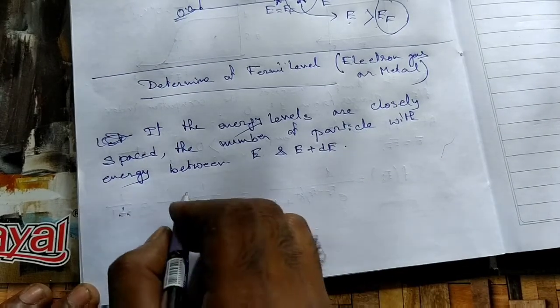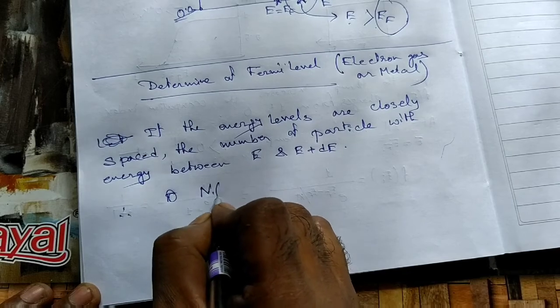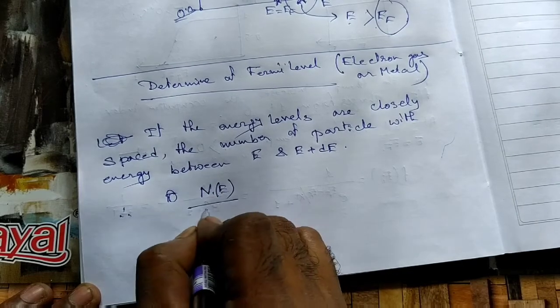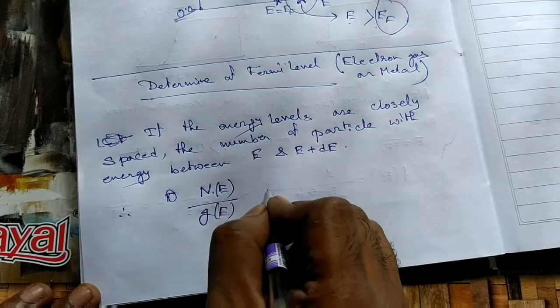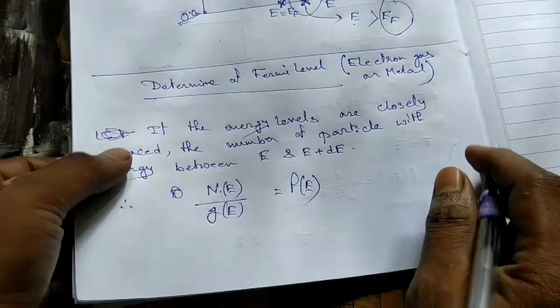So from the distribution function we all know that N(E) by G(E) is equal to F(E). Clear?